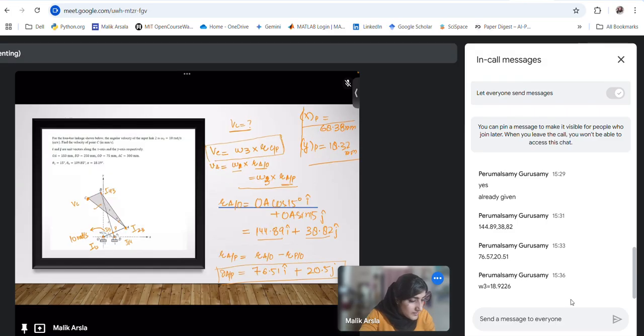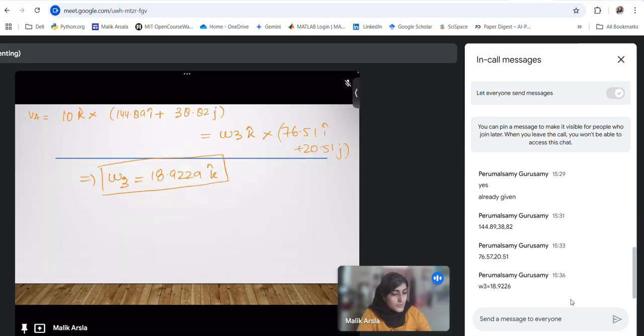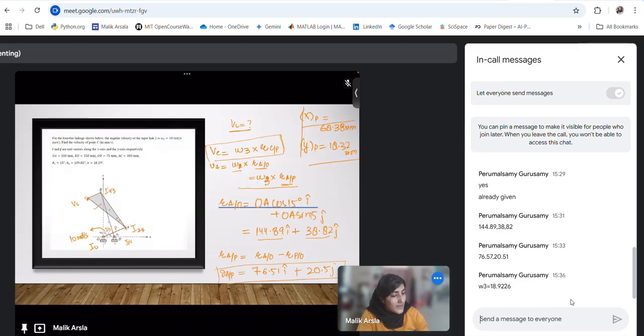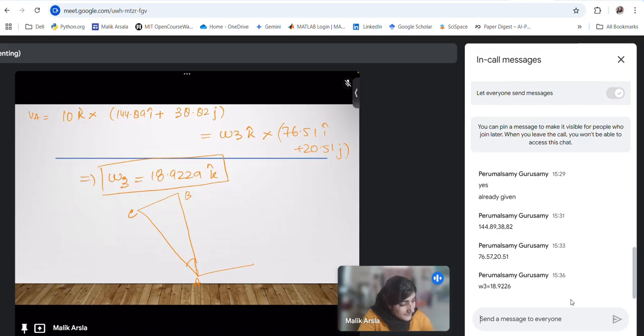So let me draw this triangle. This is A, this is B, and this is C, right? And this angle here is alpha.